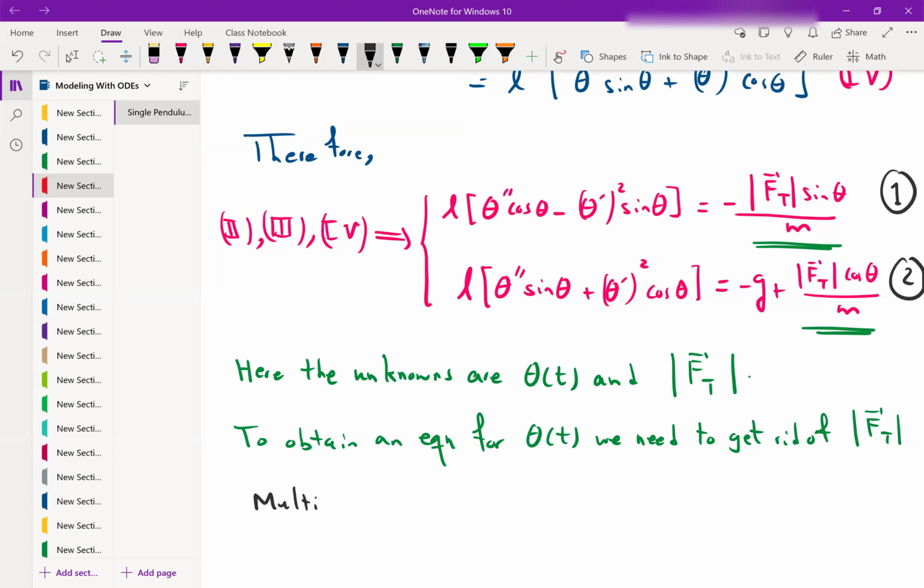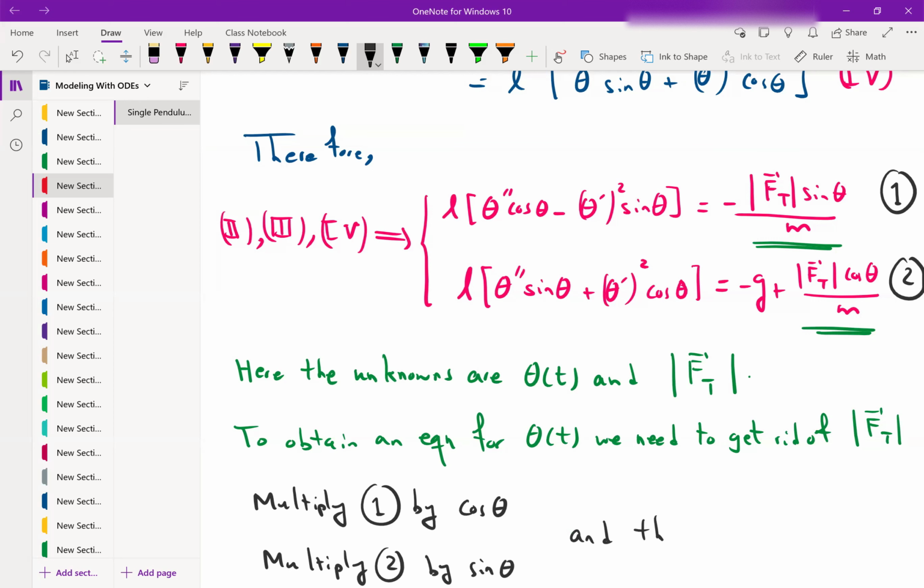Multiply 1 by cosine theta, multiply 2 by sine theta, and then add the 2 equations. If you do that, these terms that involve the magnitude of the tension force, they will cancel each other out.